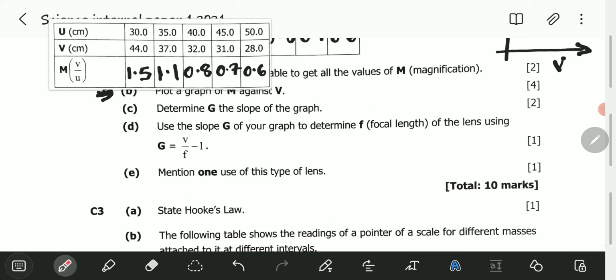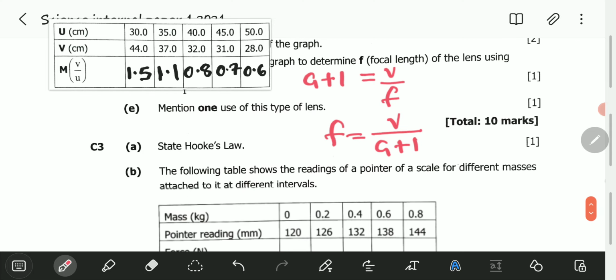So we have g plus 1 is equal to v over f, meaning that f is equal to v over g plus 1. So this is the formula we're going to use.